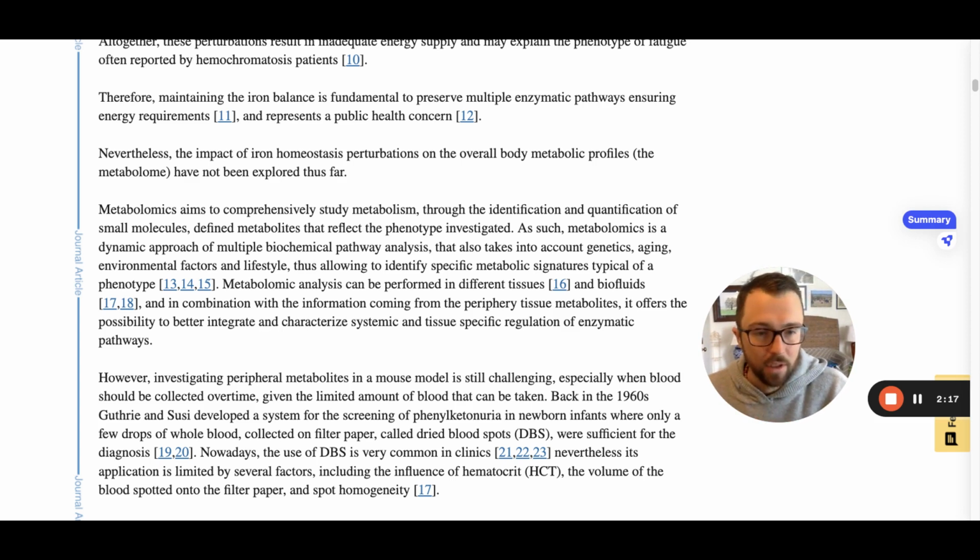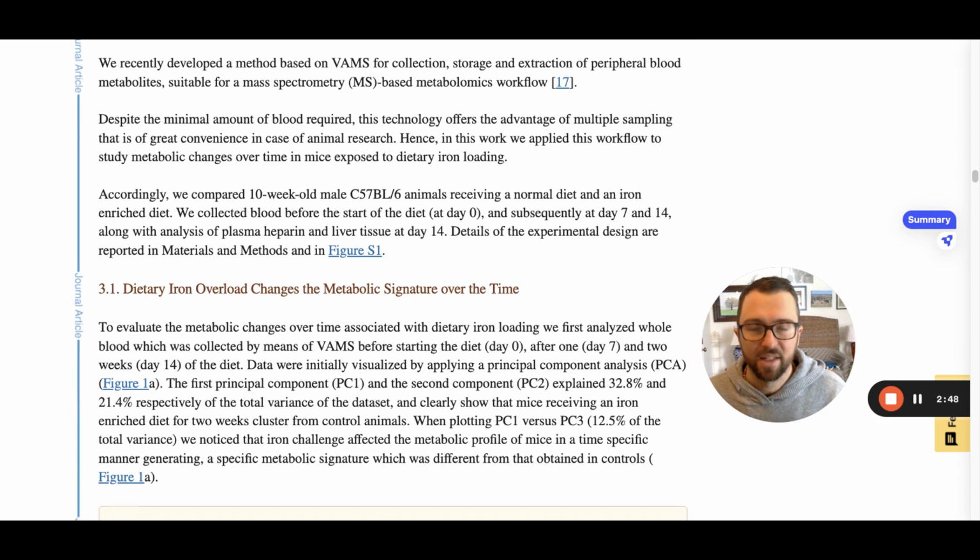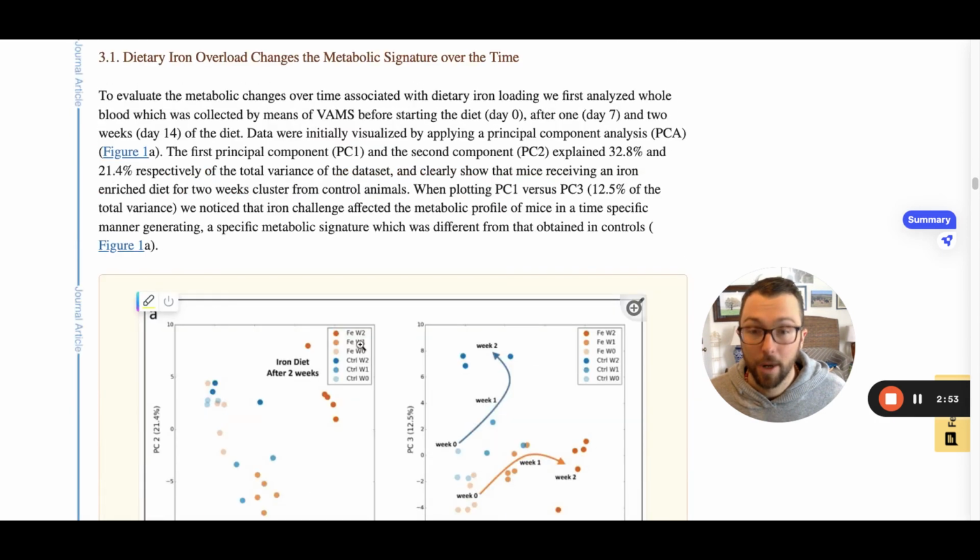I mentioned in the introduction, this is at 7 days and at 14 days, the researchers are able to take a snapshot of the levels of particular energy systems, particular chemical reactions within the body, to see in real time how the body is adapting to the dietary interventions. So let's take a look at the results and some of the metabolic signature changes that were a result of this iron overload.